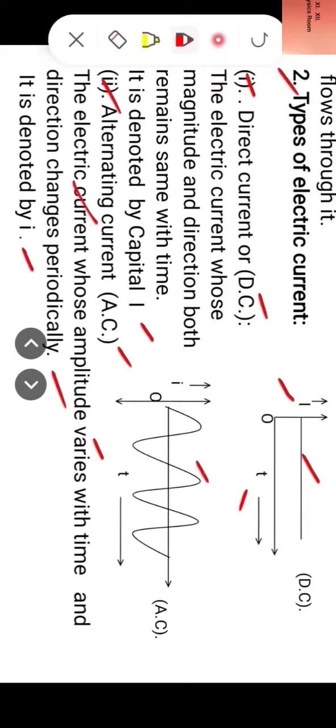In this graph you can see current small i along the positive y-axis and time along the positive x-axis, and the amplitude varies with time, and the direction also changes periodically. So this graph represents AC.